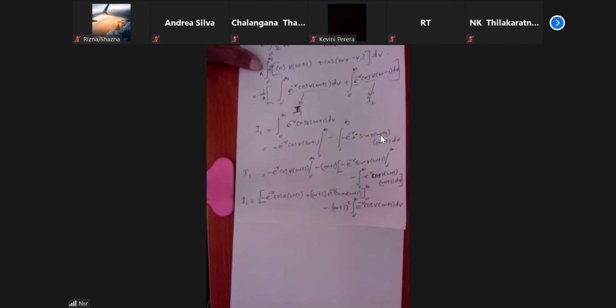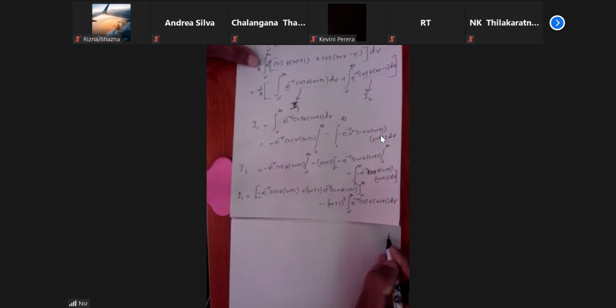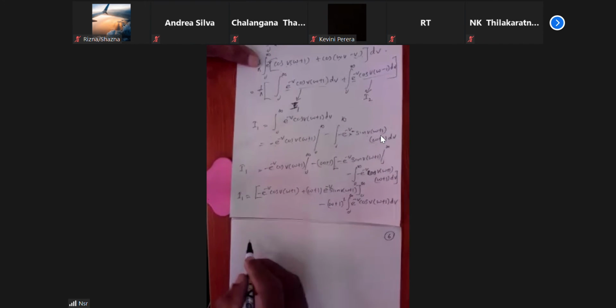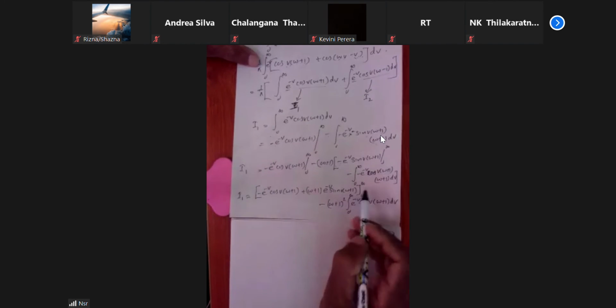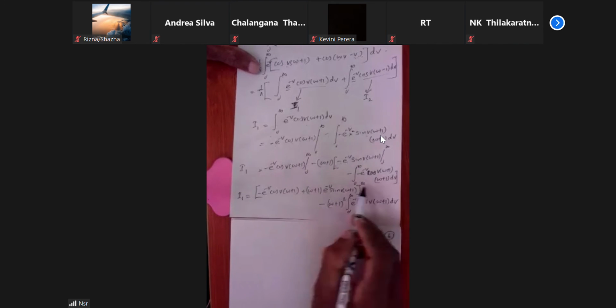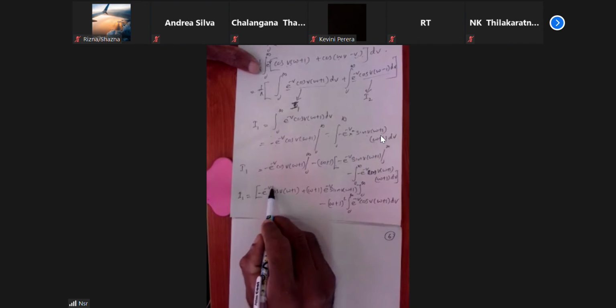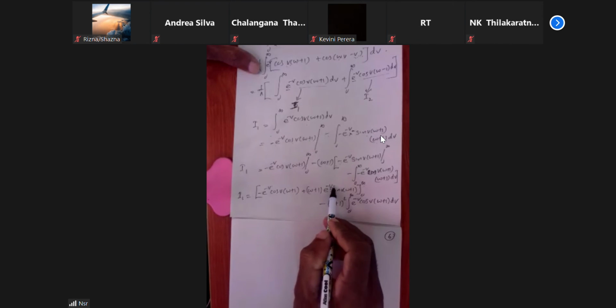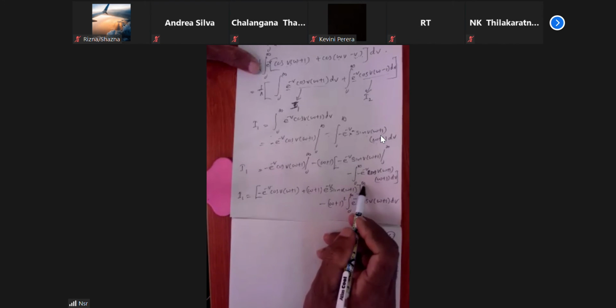Right. So then substitute the upper and lower limits for these expressions. Infinity means e to the power minus infinity, that goes to 0. This one also goes to 0. Then substitute the infinity, that goes to 0, right?